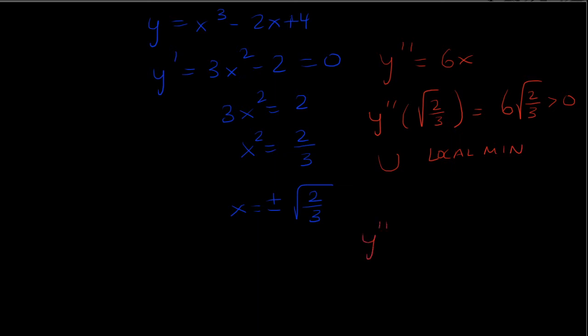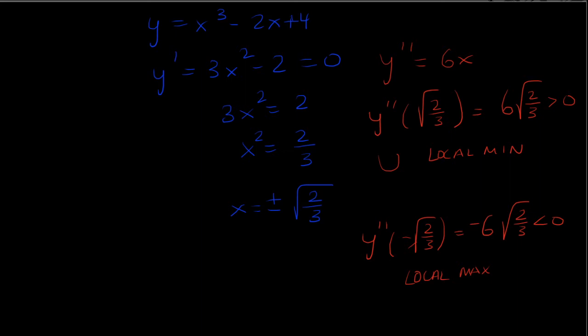And then if I plug in negative root 2 over 3, I get a negative number, so that's going to be a local maximum at x equals negative root 2 over 3.